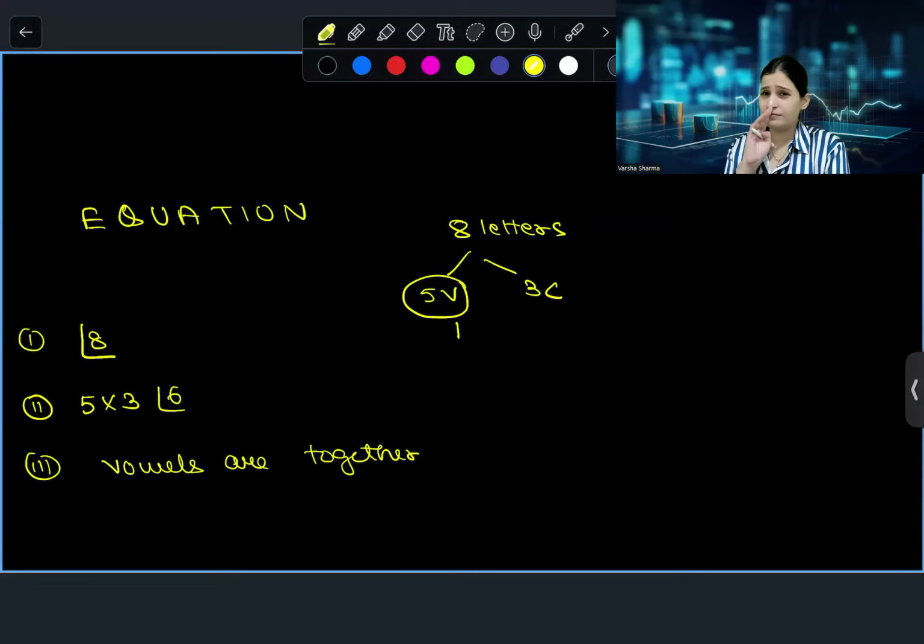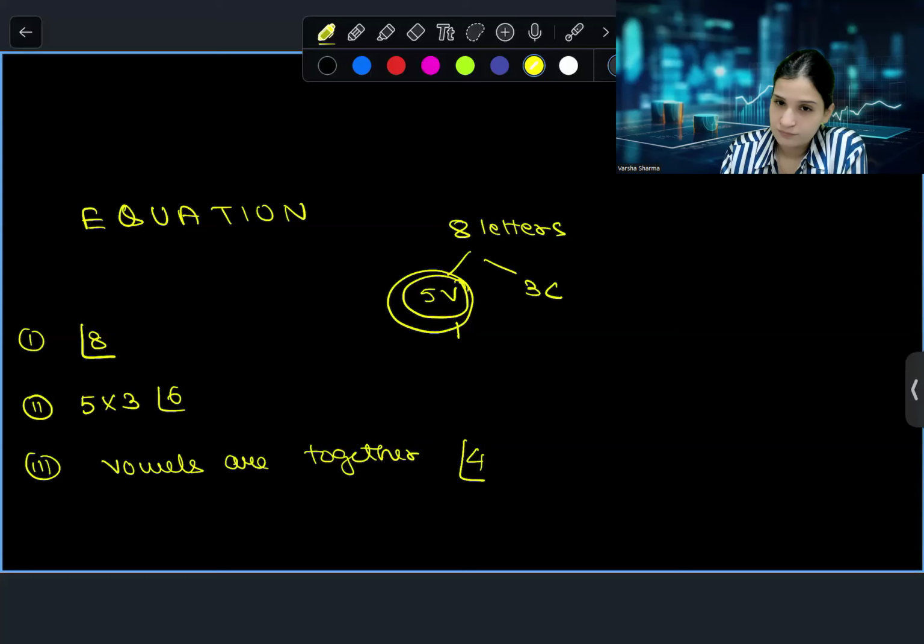So 4 things can be arranged in how many ways? 4 factorial. Now I consider them to be a bundle. They have to be together. But within the bundle, they can arrange among themselves. So 5 vowels can arrange among themselves in how many ways? 5 factorial. Multiply.